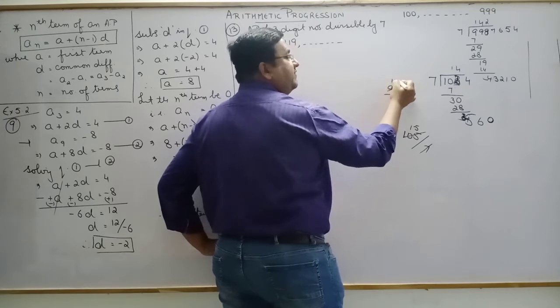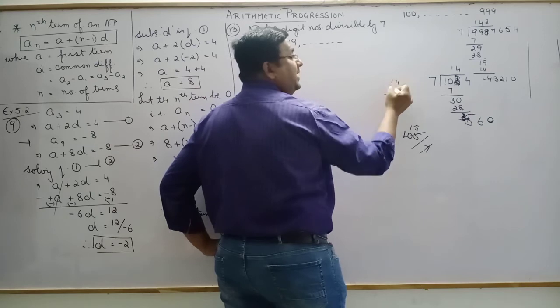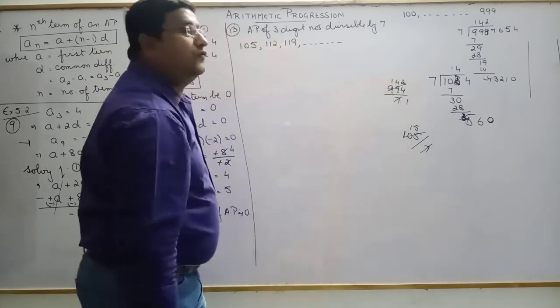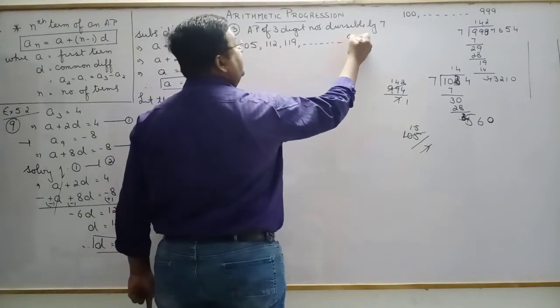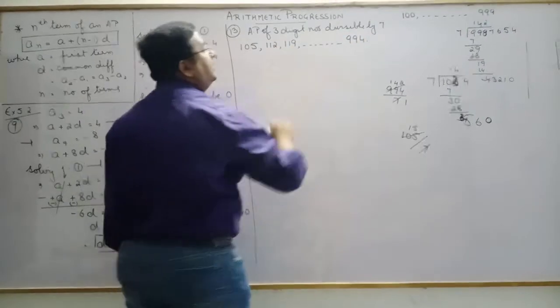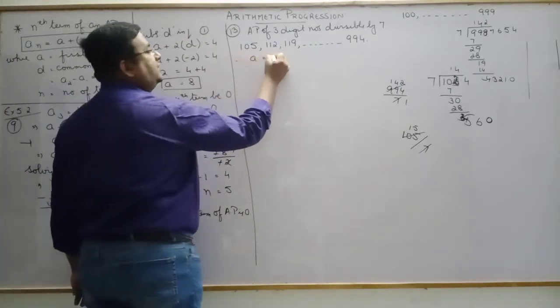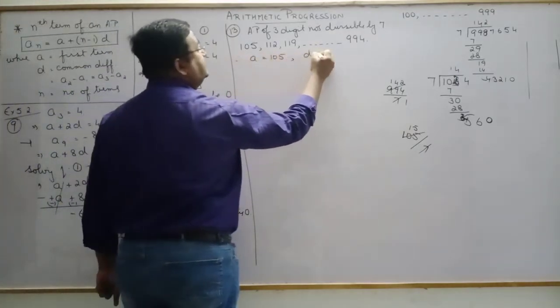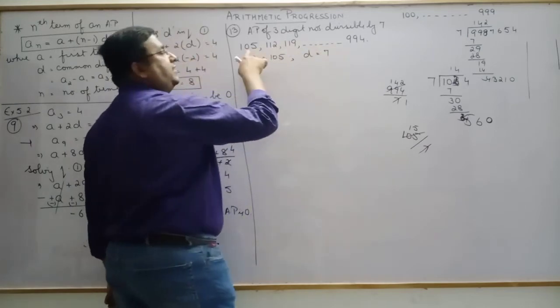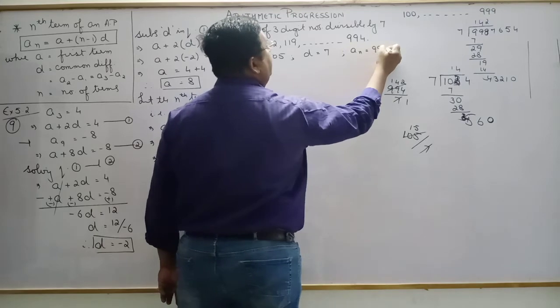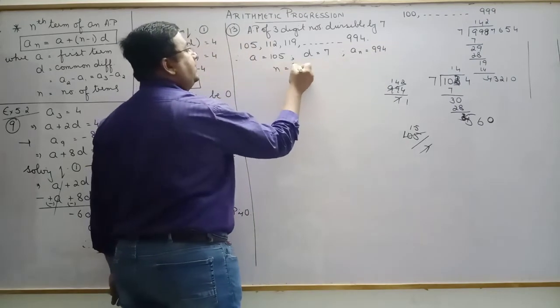Carry 2. 7 fours are 28, carry 1, 7 twos are 14. So which is the last 3-digit number divisible by 7? 994. Now we have A, so therefore A is 105. D is equal to 112 minus 105, that is 7, and AN is equal to 994. Can we find N?